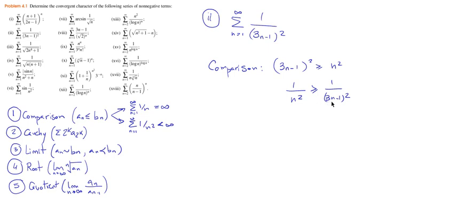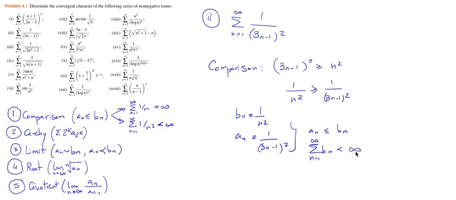Now applying the comparison test, b sub n is 1 over n squared, a sub n is 1 over (3n minus 1) squared, and a sub n is smaller than or equal to b sub n, and we know that the sum from n equals 1 to infinity of b sub n is smaller than infinity.